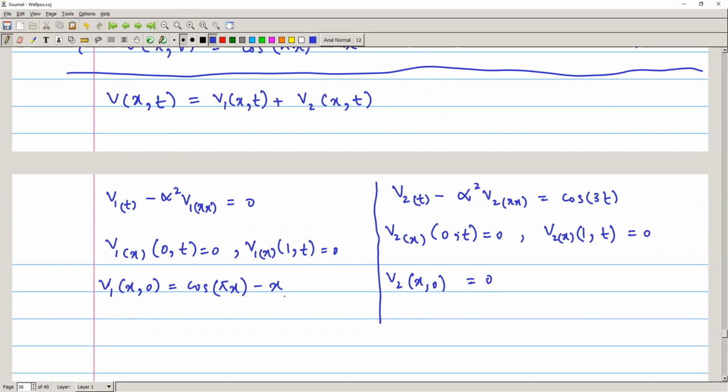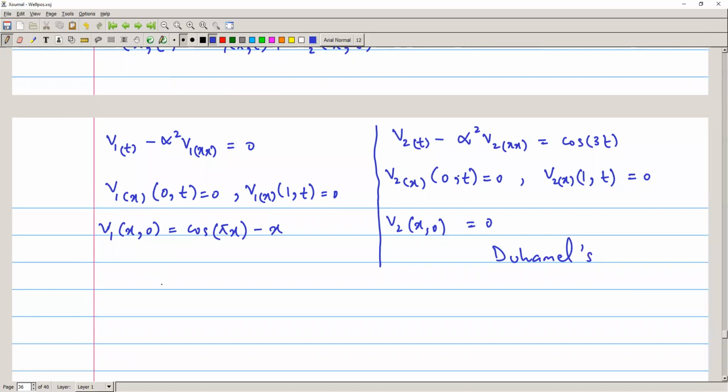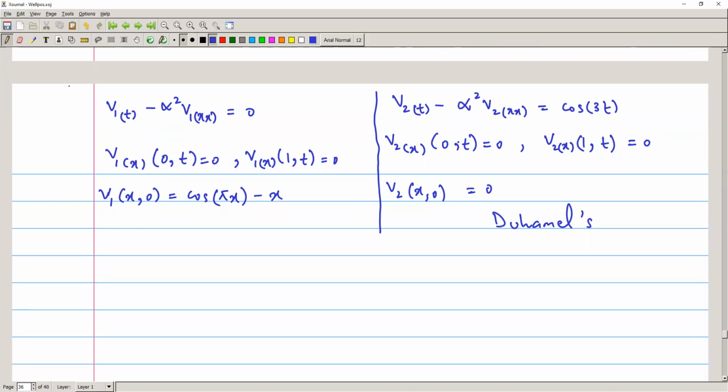Now we can see that this is a homogeneous equation with homogeneous Neumann boundary conditions, and this is a non-homogeneous equation with homogeneous Neumann boundary conditions. So we will solve this equation using Duhamel's principle. And we already know the solution of this equation. We can call it 1 and we can call it 2.